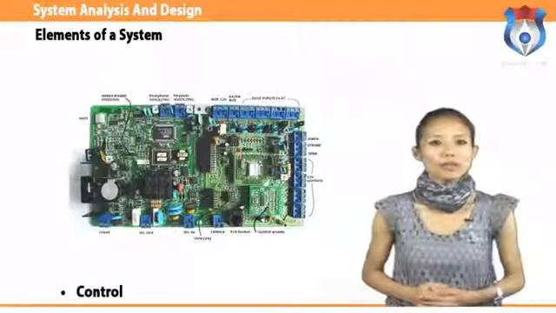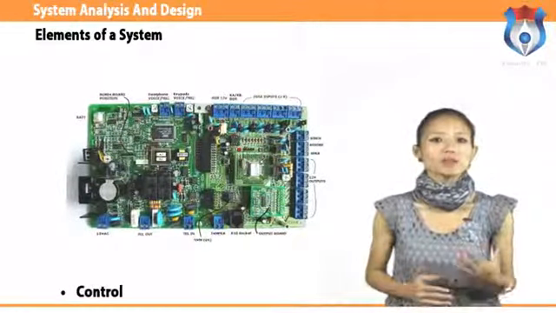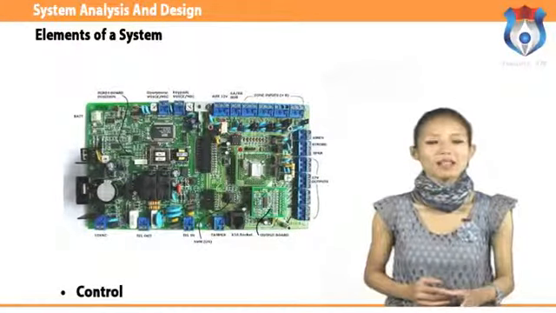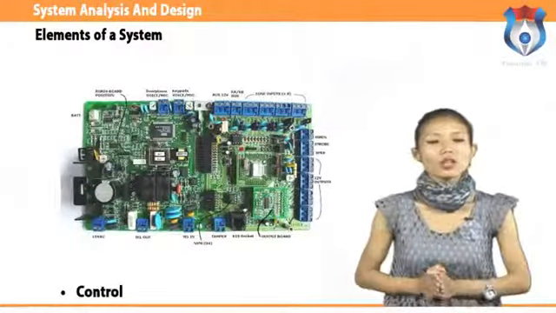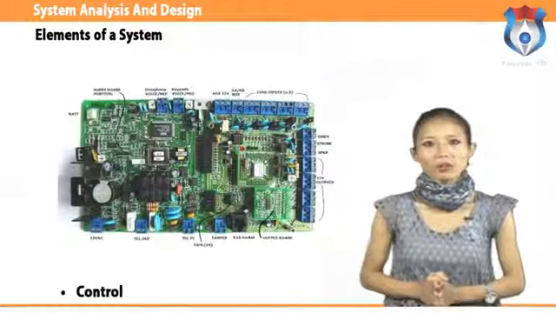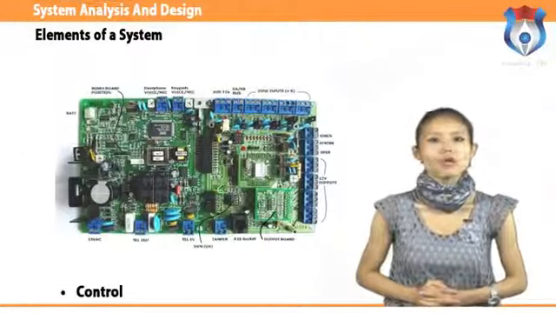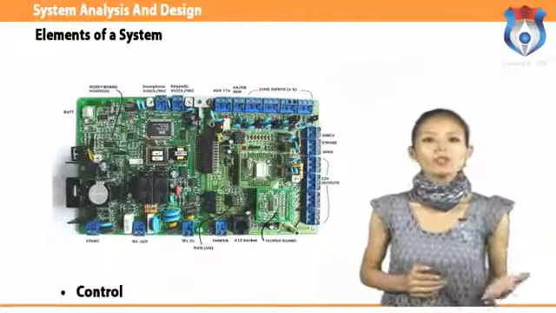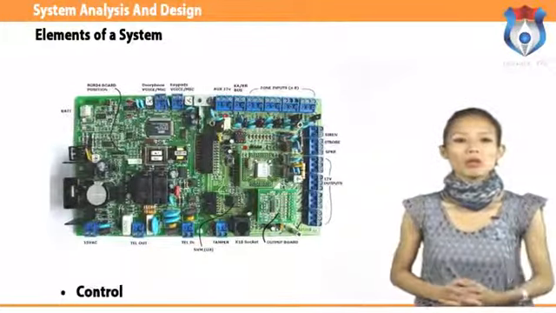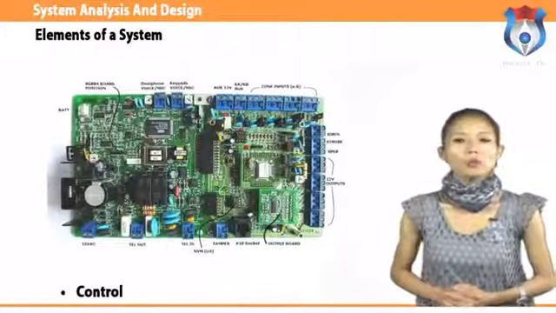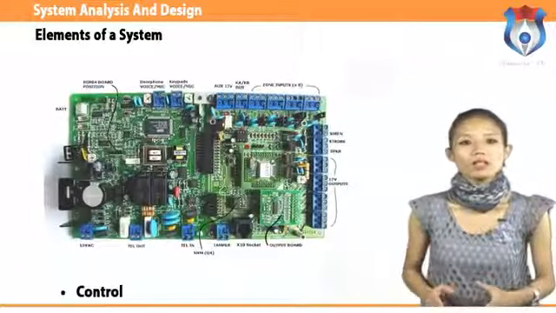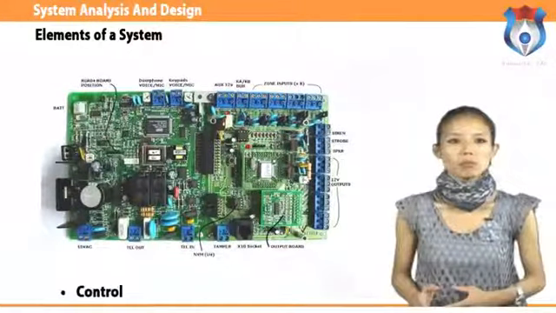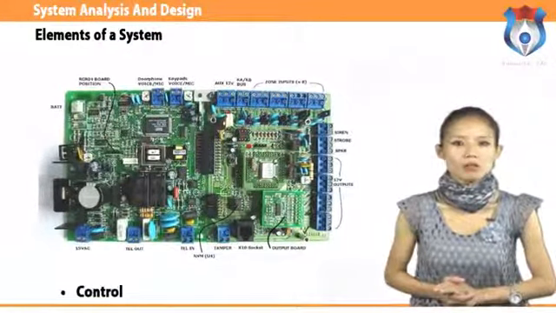The control element guides the system. It is the decision-making subsystem that controls the pattern of activities governing input, processing and output in a computer system. The operating system and accompanying software influence the behavior of the system. Output specification determines what and how much input is needed to keep the system in balance.